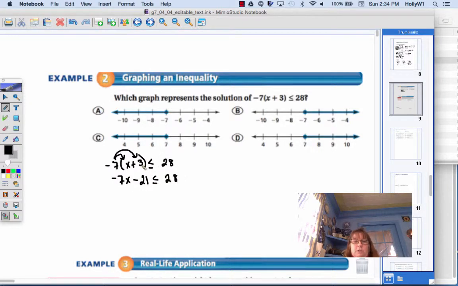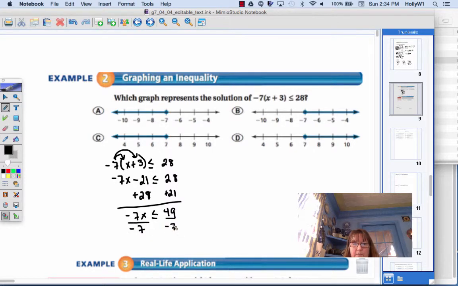So now it's just a regular old two-step inequality. So we're going to add 21 to both sides. We end up with negative 7x is less than or equal to 49. All right, so now we have to undo that multiplication, and to undo the multiplication, we are going to divide by negative 7.